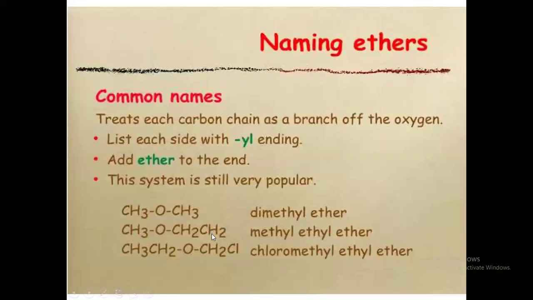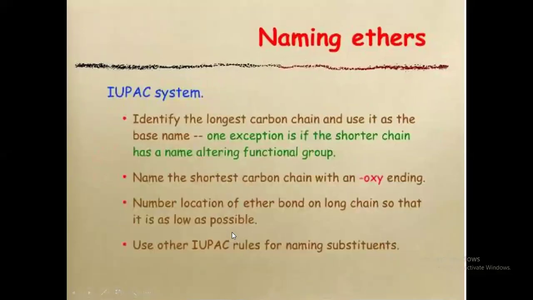Methyl is smaller than ethyl, so you can name it using the smaller one with the oxygen. This will be a methoxy ether. When you use that approach, you name the shortest carbon chain with an oxy ending. That's why I said methoxy. And then you number the location of the ether bond on the long chain so that it is as low as possible.